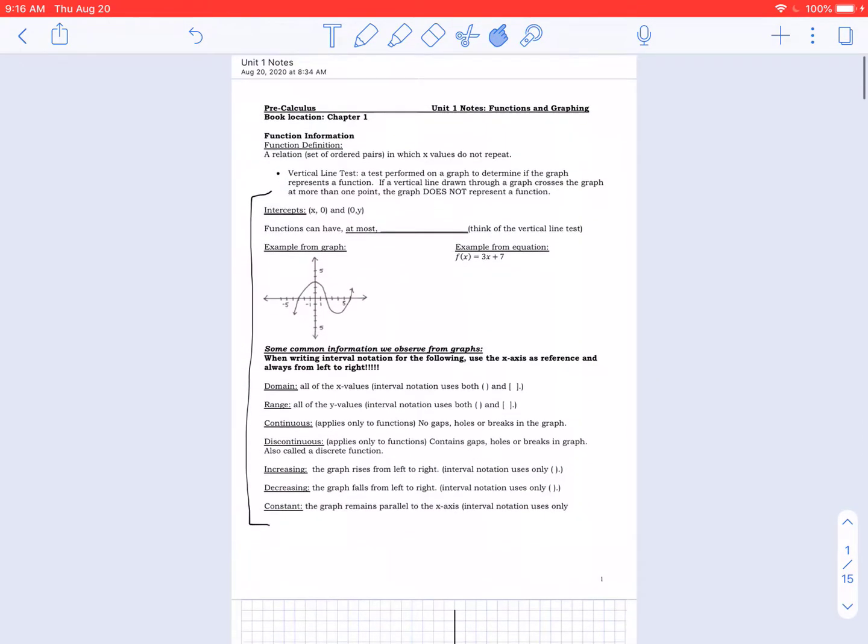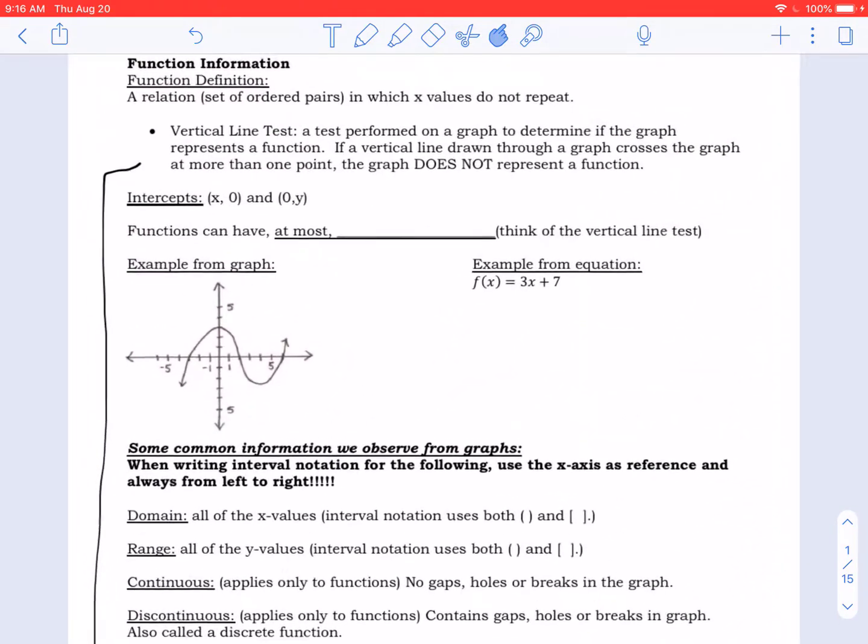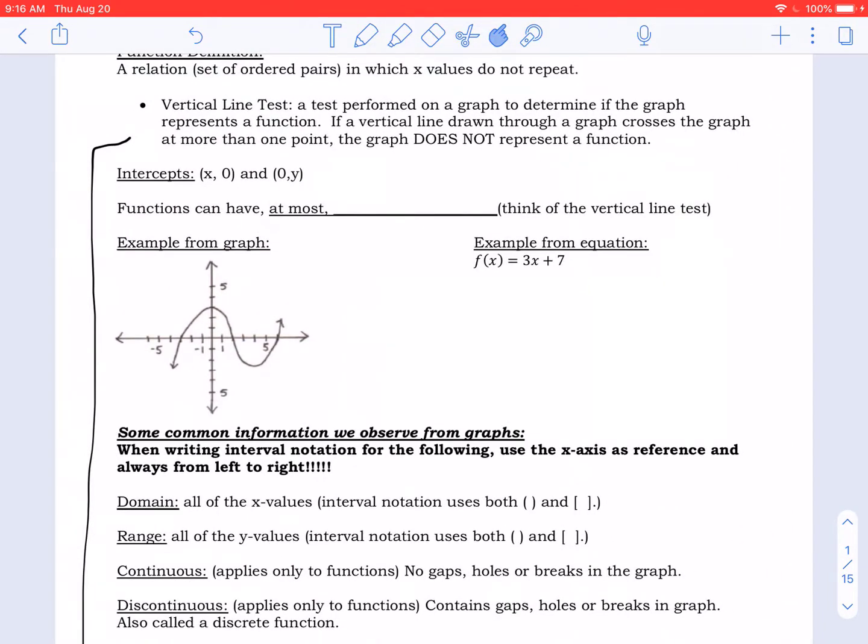But let's get into this first idea, which is how to find intercepts, x and y intercepts. The first statement here says that a function can have at most one y-intercept. And this is of course true.